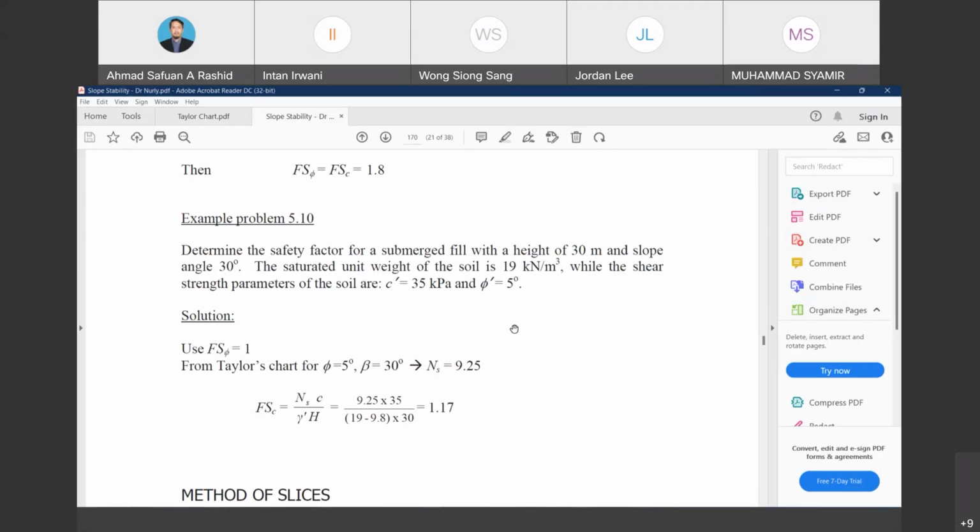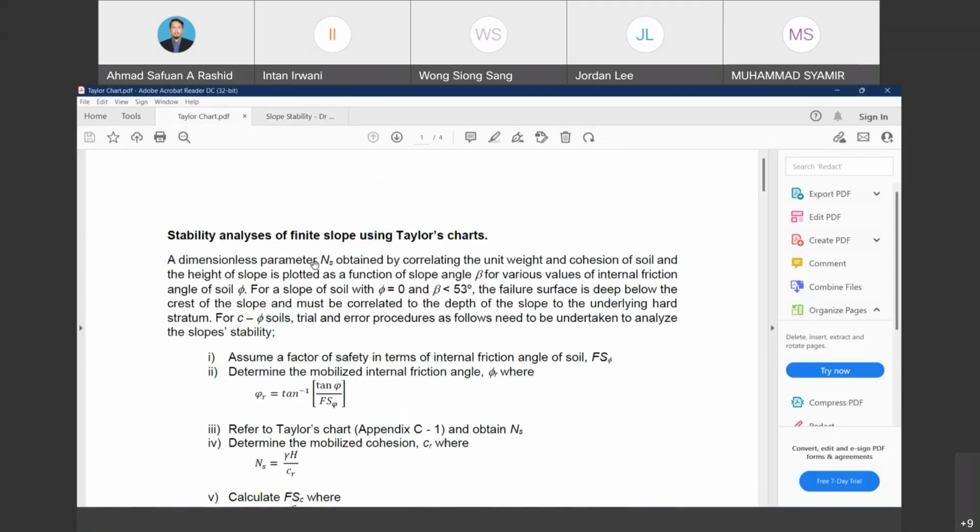For me, it's better to look at Dr. Kamaruddin's approach, which is much easier to understand, and we feel that it is more appropriate to be used. So this is the way that Dr. Kamaruddin explained the stability analysis of a finite slope using the Taylor chart.